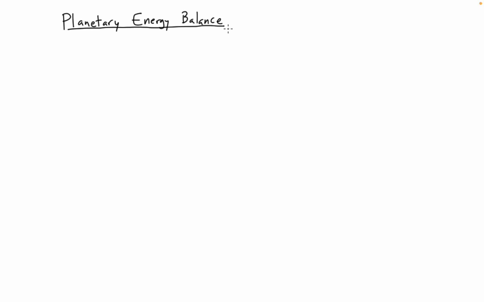Like, what are the factors that basically keep the temperature on Earth in a habitable range, with some discussion here and there of what's happened on other planets.